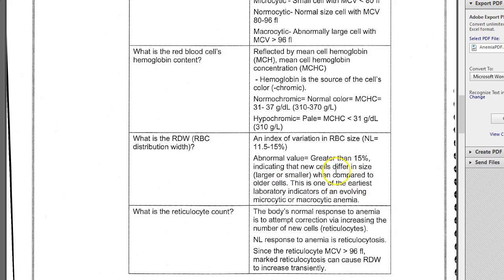Again, there's varying size. Primarily, that means you have cells that were synthesized under varying conditions or varying times. We'll say in the setting of iron deficiency anemia, normal size cells are produced before iron depletion, and they continue to circulate throughout their entire 90 to 120 day lifespan.